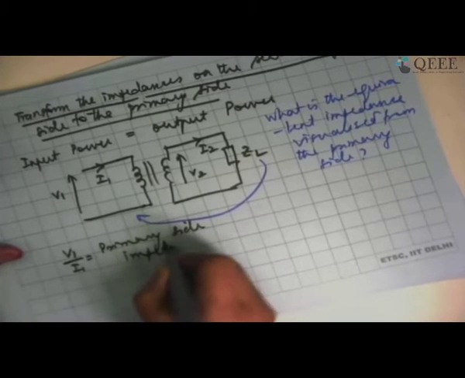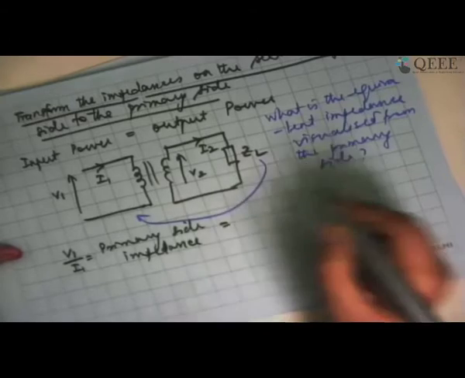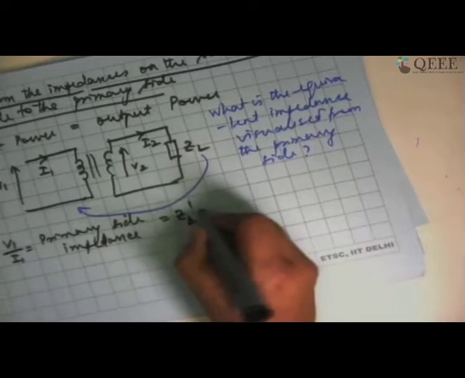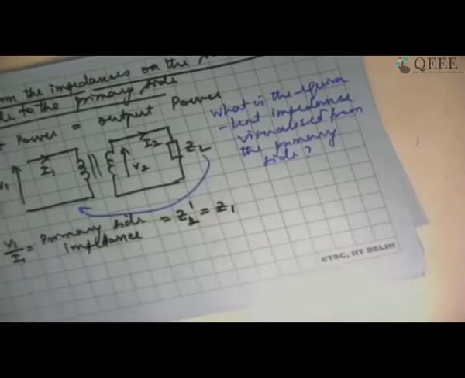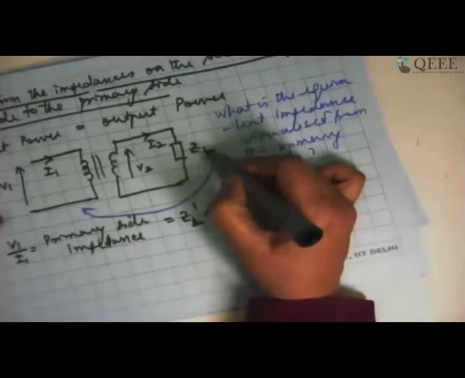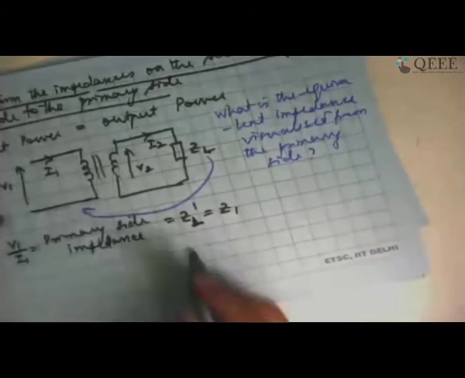That we said is equal to, so V1 we wrote it. So this is the ZL dash, or I can call this as Z1. Either way is fine. ZL dash is the secondary side impedance visualized from the primary side.